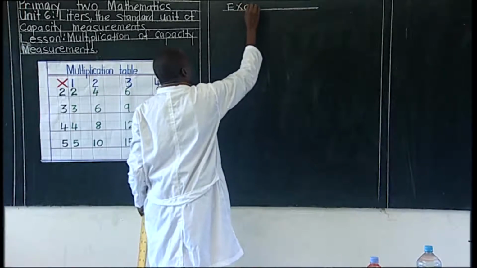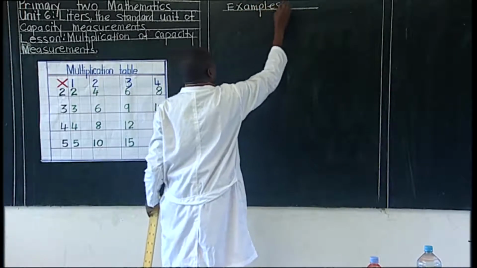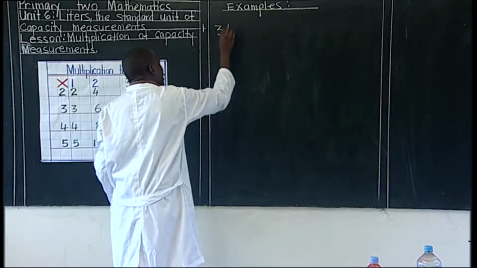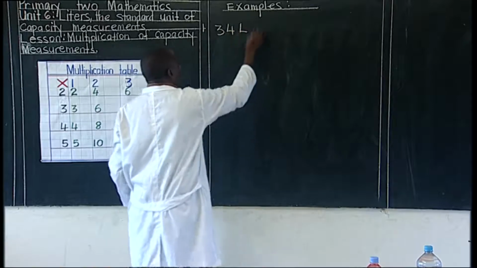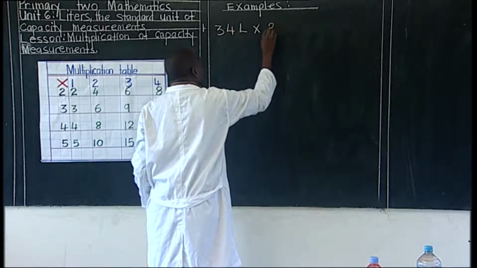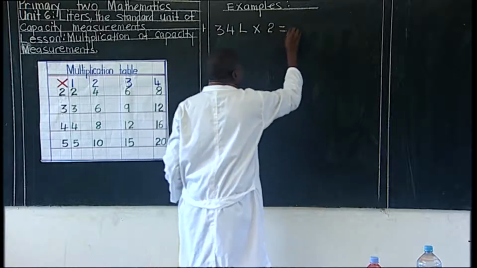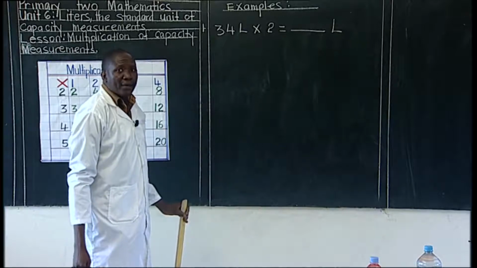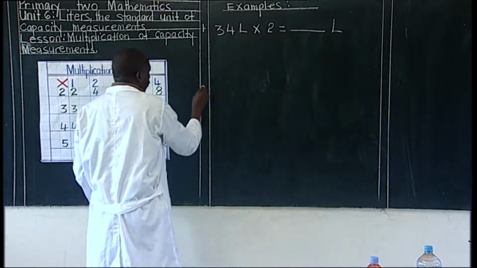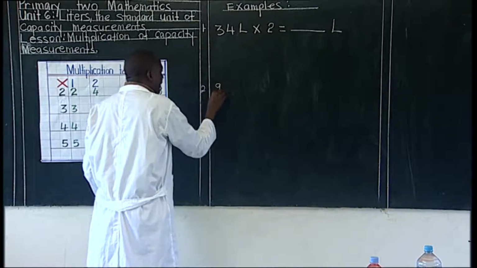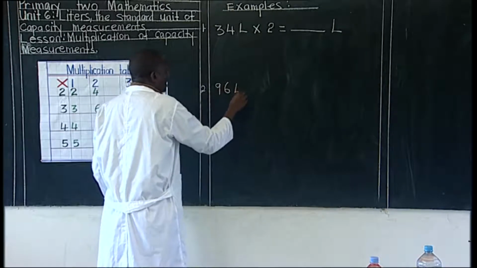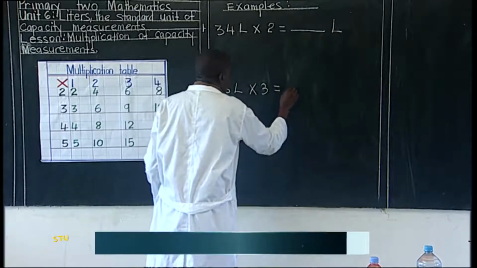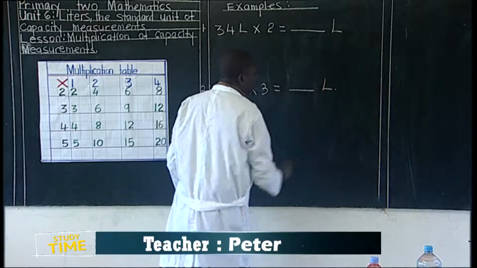Examples. Number 1. They are telling us that 34 liters times 2 equals dash liters. So they want us to multiply. Okay? Number 2, they are telling us 96 liters times 3 equals dash liters.